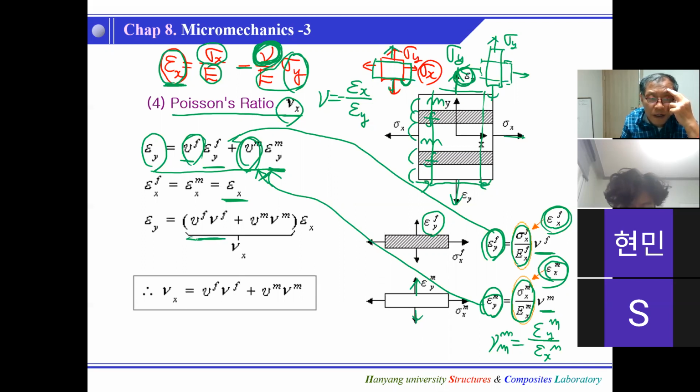So as you can see, this is the final result. There is the volume fraction and Poisson's ratio of the fiber, and the volume fraction and Poisson's ratio of the matrix.